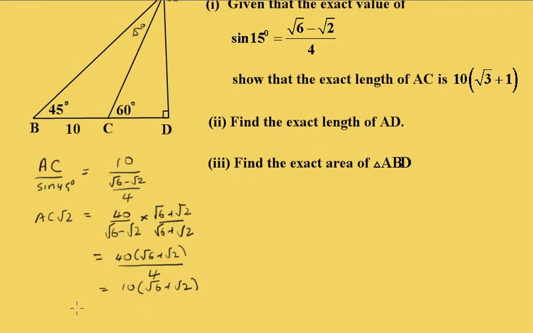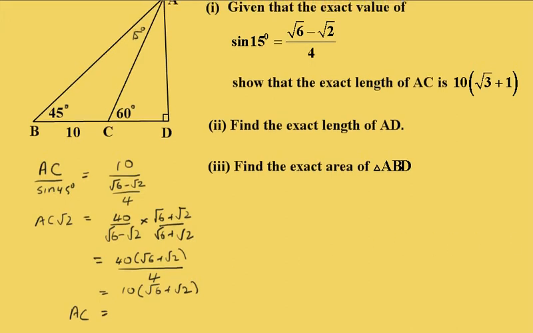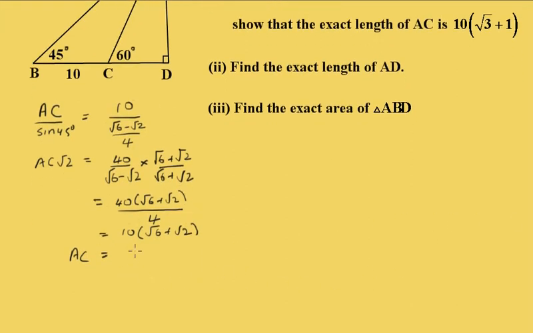Now, AC root 2 must be equal to that, so dividing both sides by root 2, AC is 10 over root 2 into root 6 plus root 2. And now I'm going to rationalise, root 2 over root 2. That becomes 10 root 2 on 2 into root 6 plus root 2.